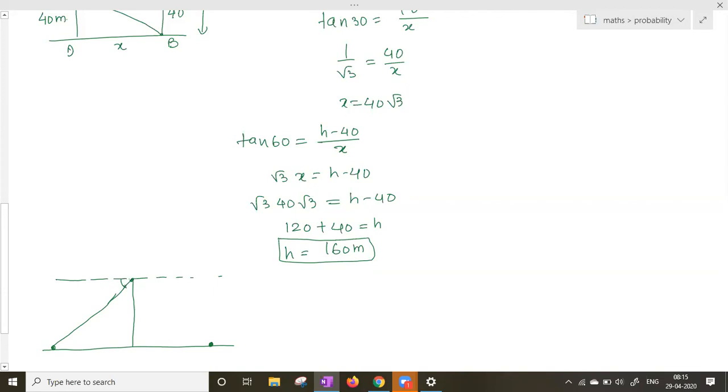They have given us 60 and 45 degrees. Distance between the ships you have to calculate. This is 60, that means this is 60. That is 45, so this is 45, alternate interior angles. The height of the lighthouse is 200 meter. So calculate this distance plus this distance.